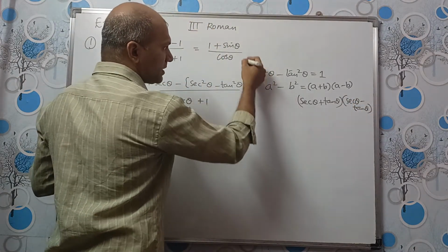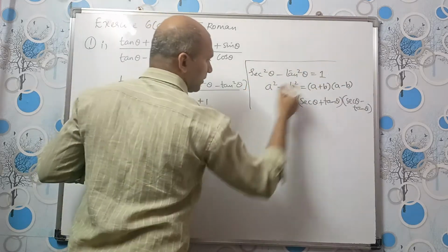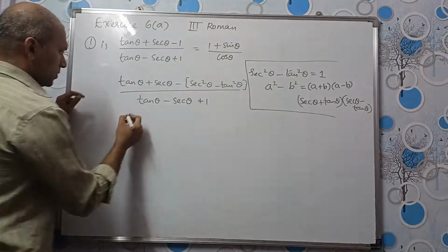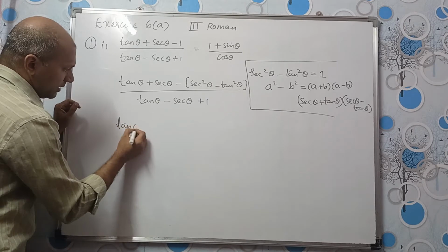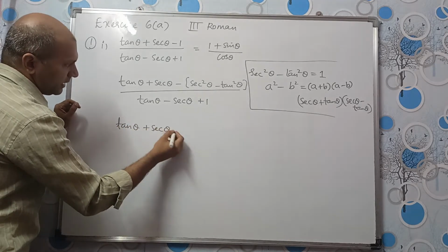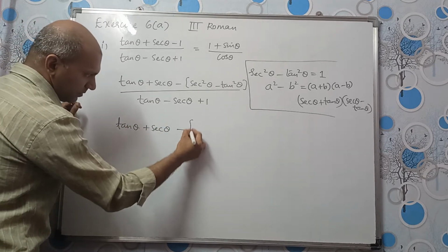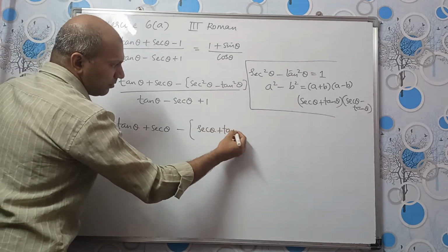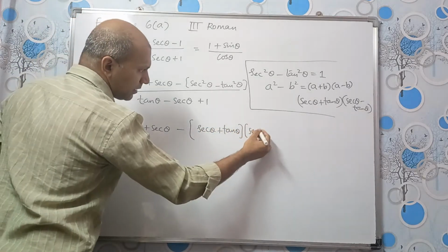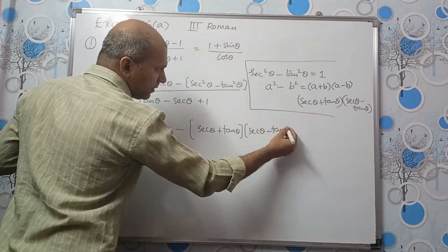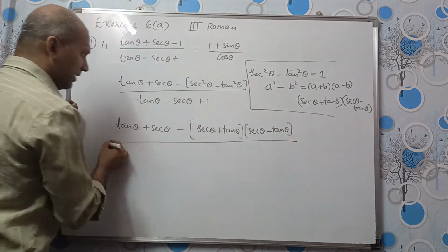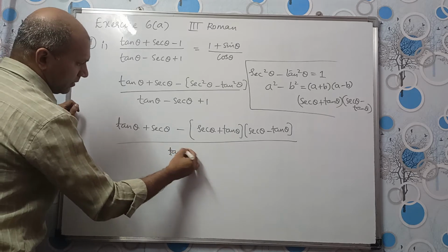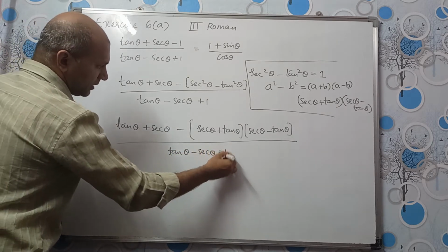Alright, so we have tan theta plus secant theta minus, here, (secant plus tan)(secant minus tan), whole divided by tan minus secant plus 1.